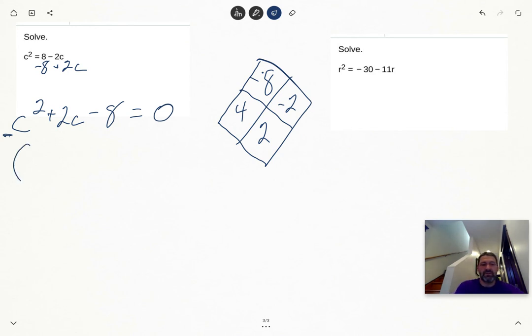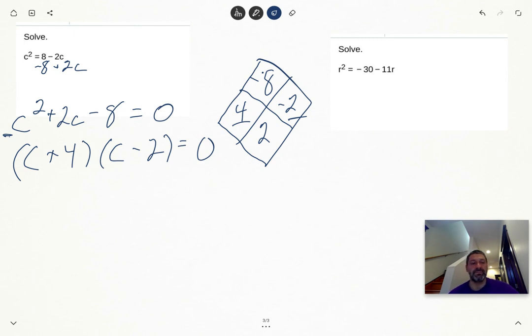So this can therefore be rewritten as C plus 4 and C minus 2 from our terms over here. And again, if I were to multiply this term times this term, I would end up back with our original problem.